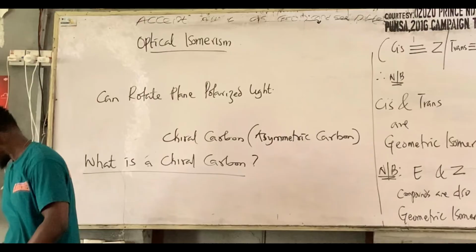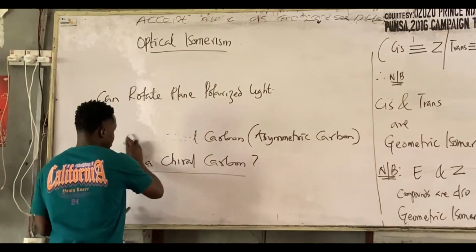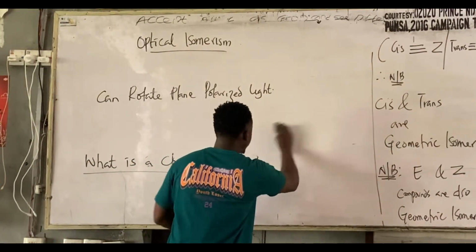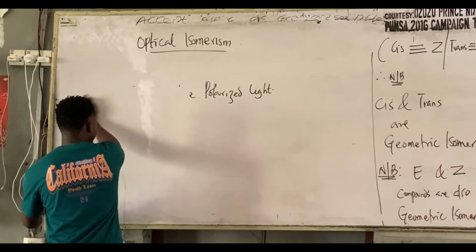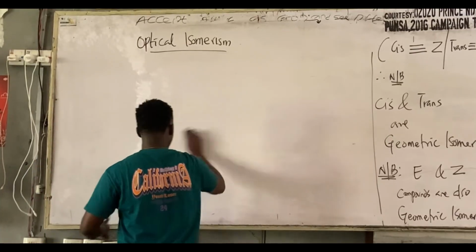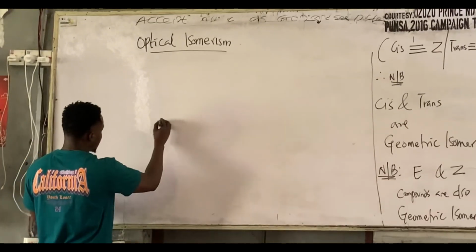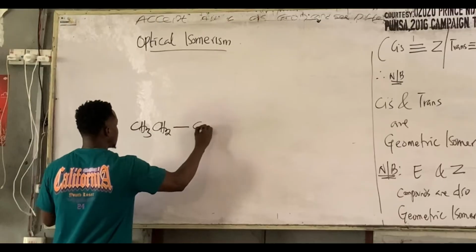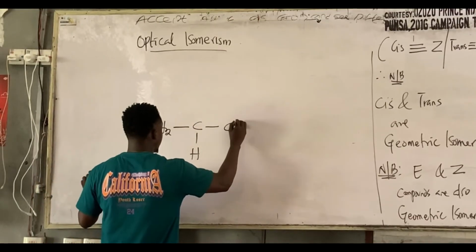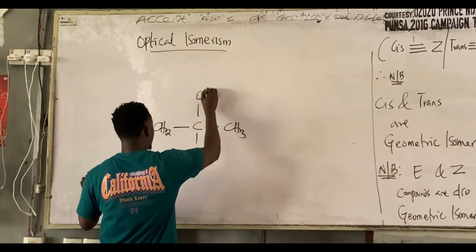Okay. Now, an example of such, we have something like, let's say, CH3, CH2, CH, CH3, OH.